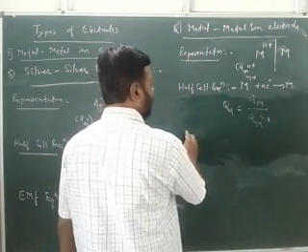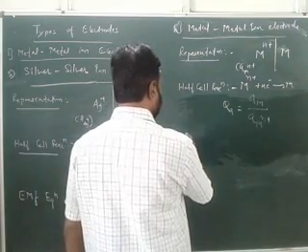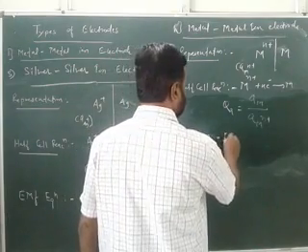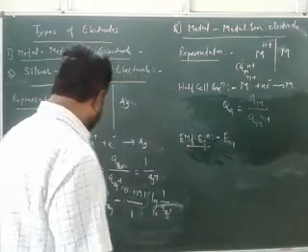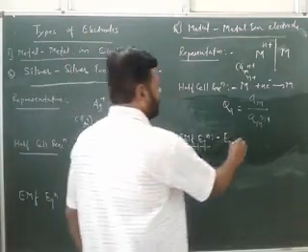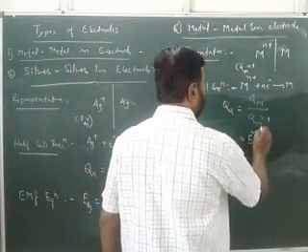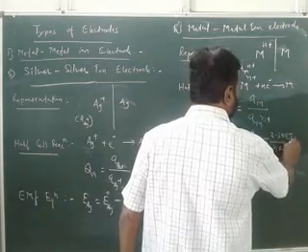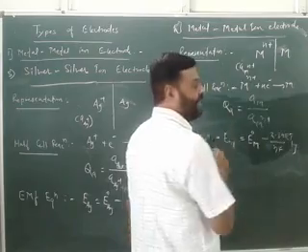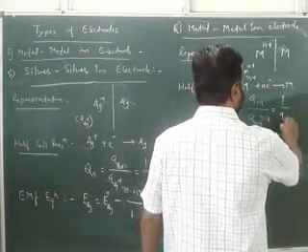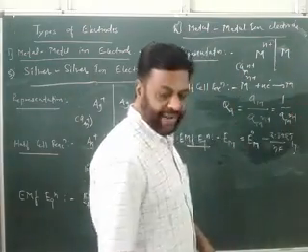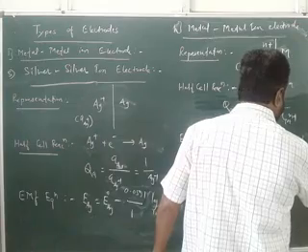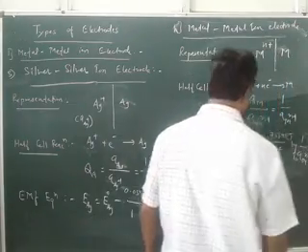Then the EMF equation: the reduction potential of the metal ion electrode is equal to the standard reduction potential of the metal ion electrode minus 2.303 RT divided by nF, log of QA. Here the activity of pure metal M is equal to 1, so QA is equal to 1 divided by the activity of M raised to n plus, to the base 10.